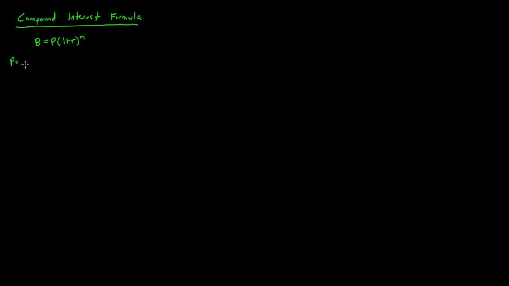P is the principal or the investment amount. And then your R is the interest rate per period. And then the N is the number of periods.